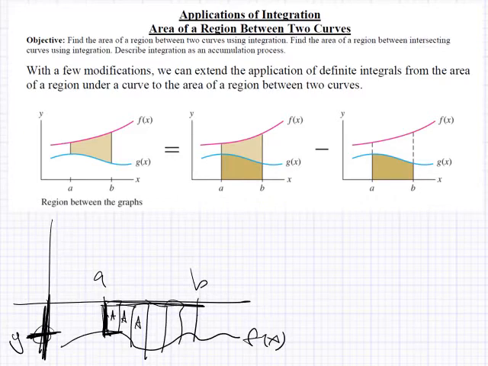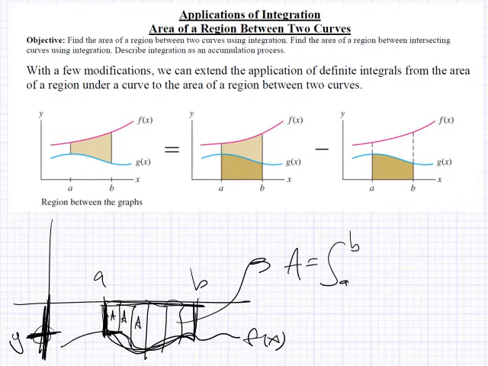We can't have that. So there was a correction that we need to make, and the simple correction was that we had to take the function and multiply it by a negative. So to find the area, we would do the integral from a to b still, then we do minus f of x dx. So we multiply the function by a negative.